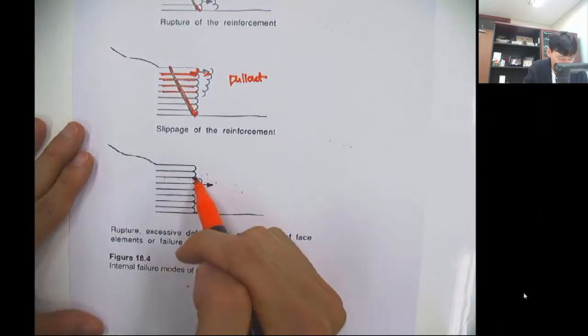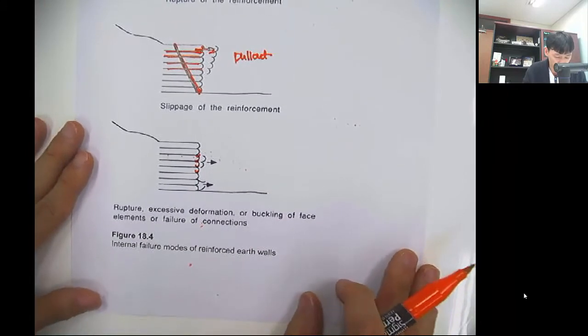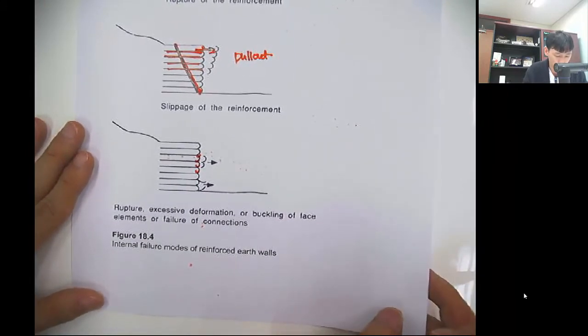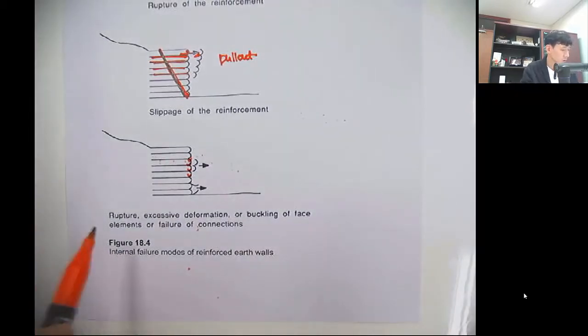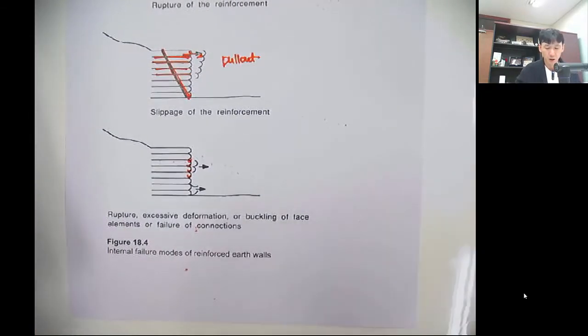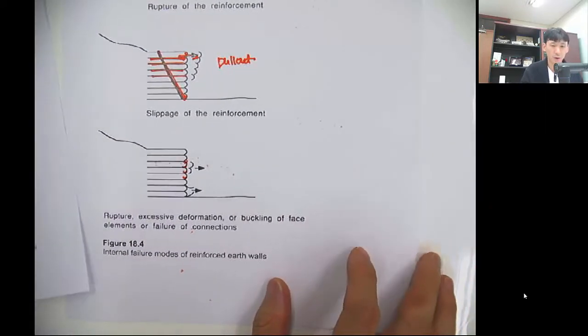And you can have some local failure at the connection, or the buckling of the face element, or excessive deformation. So this gives you some idea of what failure modes can occur in the reinforced earthwork.